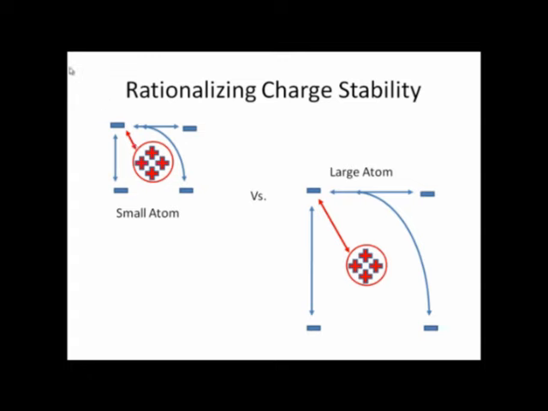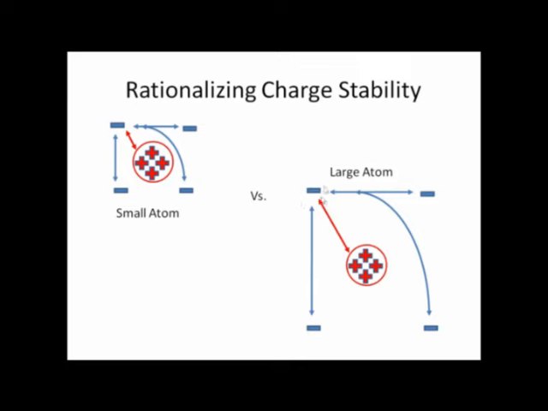So it costs energy to pull that out, but every other electron in that atom is going to gain energy because its repulsions with that electron will have gone away. So by pulling one electron out, it may cost energy to pull that electron away from the nucleus, but you're going to get some of it paid back by all of the other electrons that now have better, more stabilizing interactions with the nucleus.